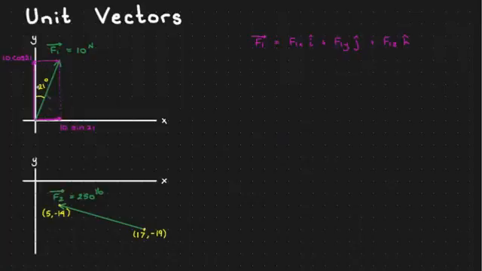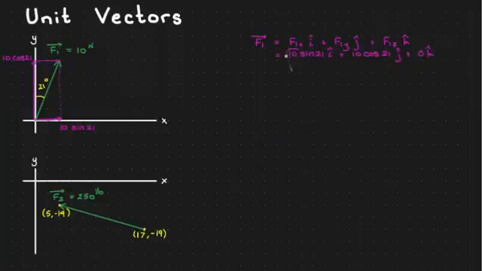F1 is on the xy plane, so the z component of F1 would just be equal to 0, meaning there is no z component. Well, let's fill in the blanks. F1x was 10 times sine of 21, I'll associate that with the i hat, plus 10 times cosine of 21, I'll associate that with the j hat, plus 0 k hat.